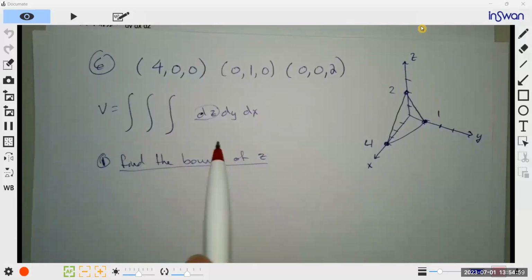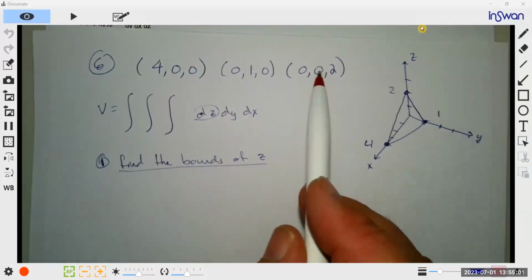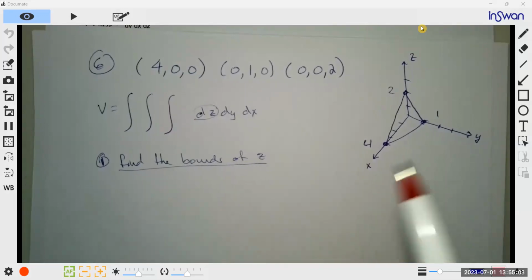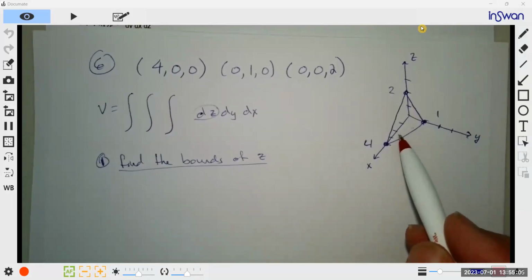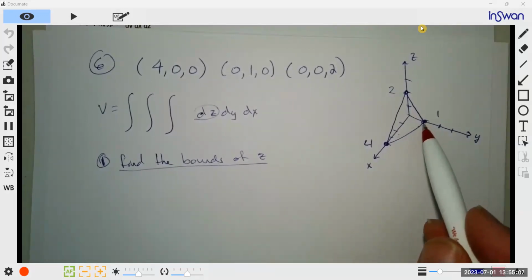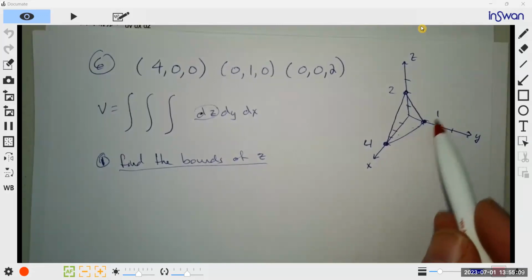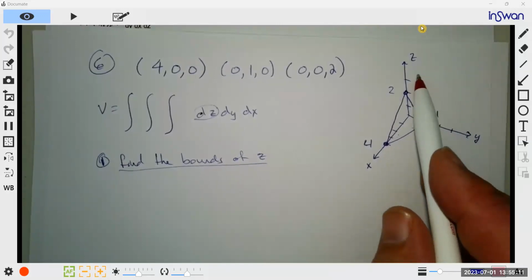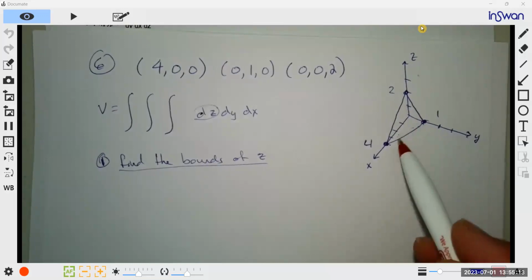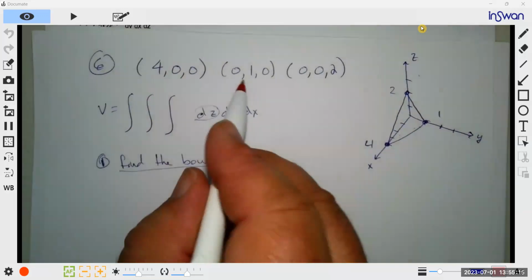So we pick 2 points. We want to use the ones that don't have z because it's going to be like the shadow. Since we're on z, we want to use the x and y components so that we have those.